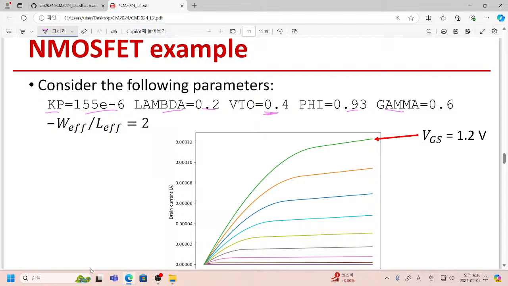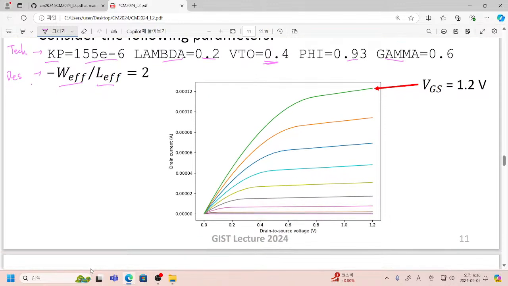This is all related to technology, and designers give us this ratio between width and length, and with this information you can now draw the so-called output characteristics of your transistor.